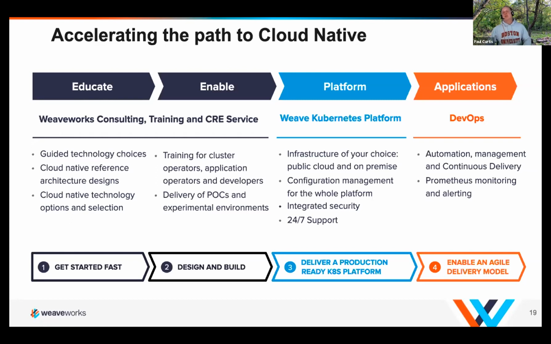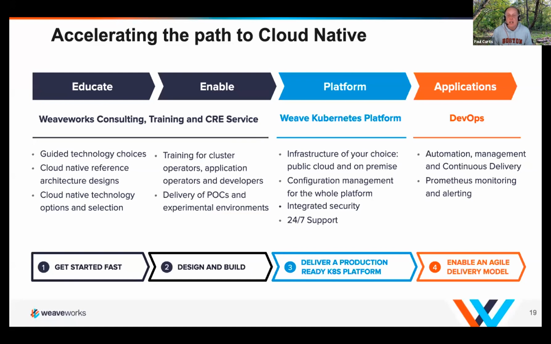Which brings us to the last two things: the Weave Kubernetes platform by itself, and Team Workspaces, which was born out of customer experience. These are design patterns we have implemented. Back in the old days, we used to do it manually, but we've seen our customers do this over and over again, from the very largest financial institutions down to the web shop that's running a web service and everything in between.